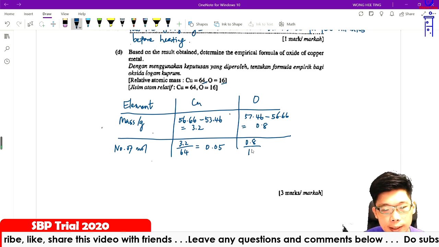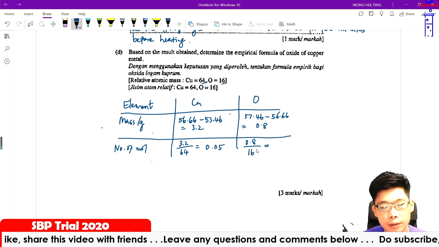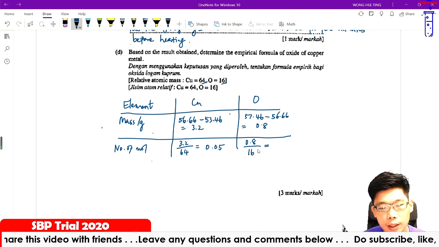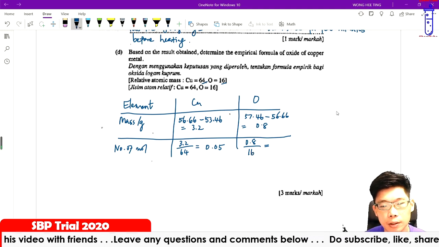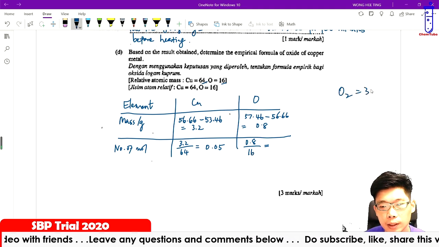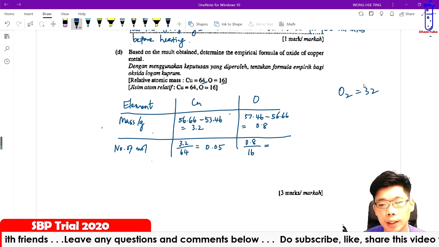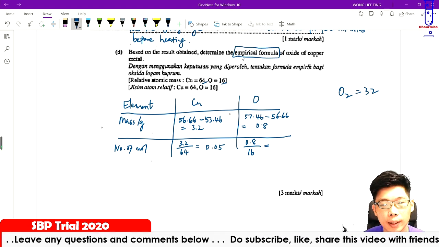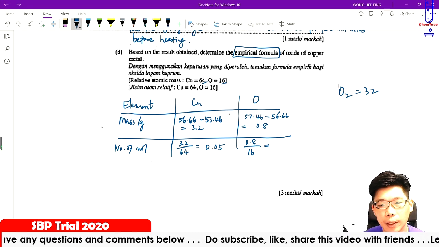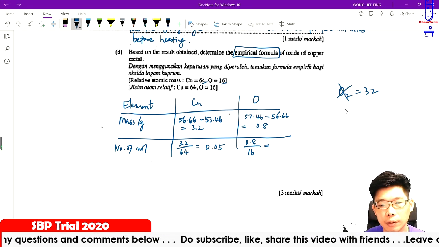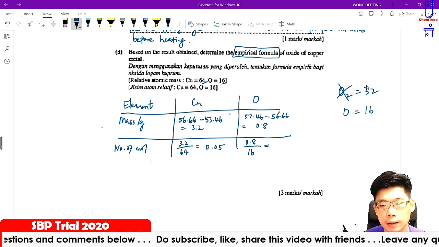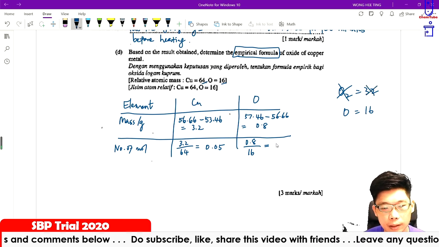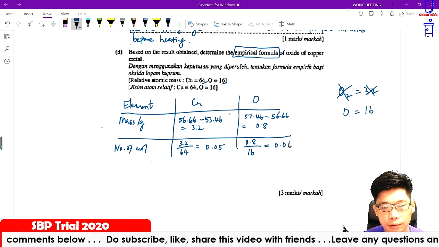Oxygen is 16. A lot of students use 32 because they assume it is O2, which is 32. No, because we are finding the empirical formula, we want the simplest ratio, so we are not using this. We use O is 16. Divide by 16, you get 0.05.